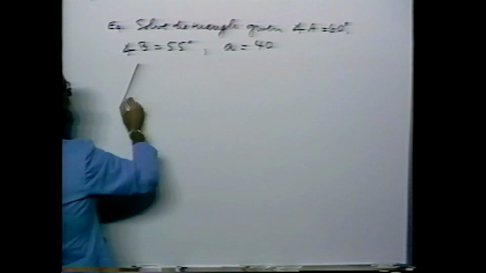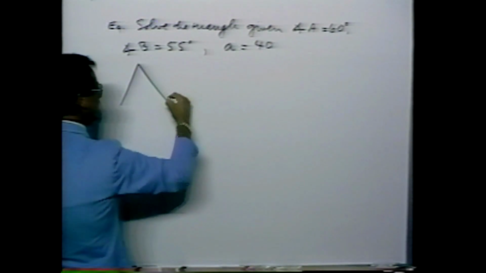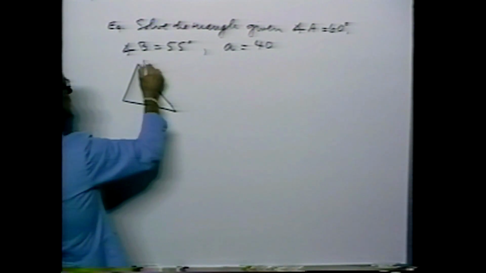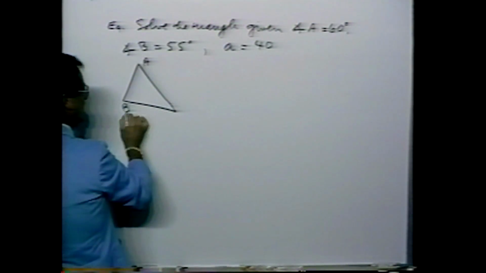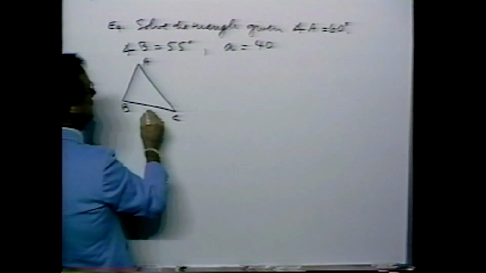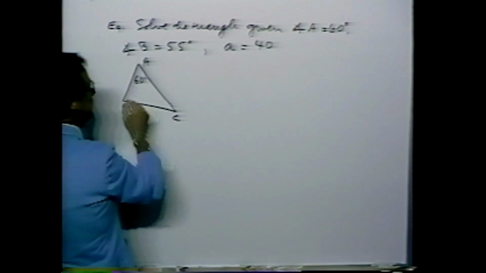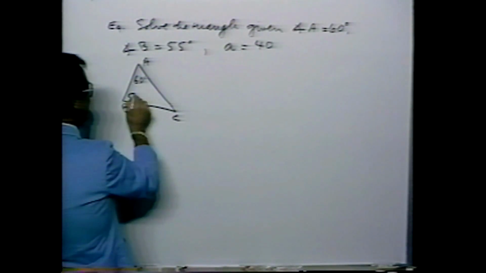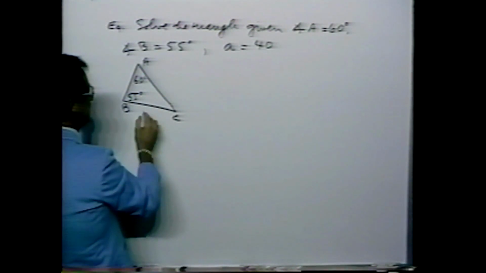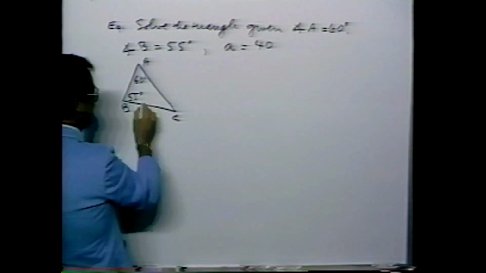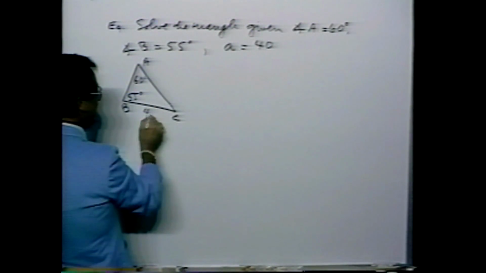We draw a triangle, and we can introduce the information that angle A is 60 degrees, B is 55 degrees, and the side A, which is opposite capital A, is 40.